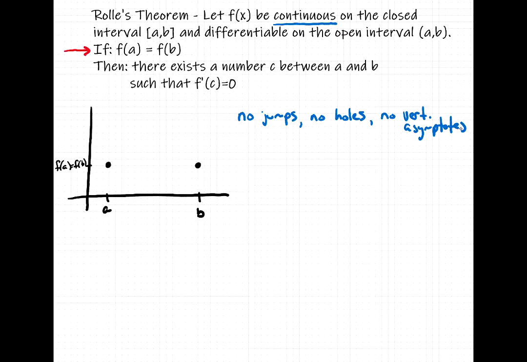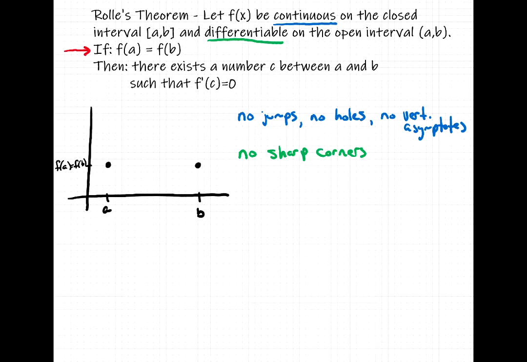And differentiable, meaning in addition to no holes, jumps, and asymptotes, no sharp corners. So if there's no holes, no jumps, no vertical asymptotes, and no sharp corners, if you connect these 2 dots somewhere, there has to be a horizontal tangent line.